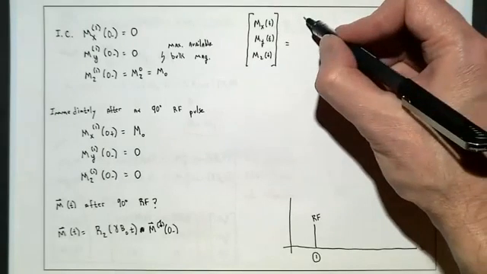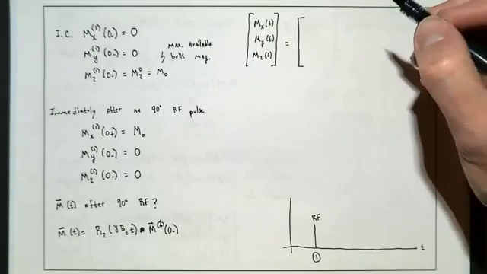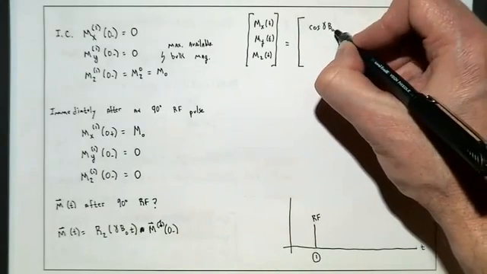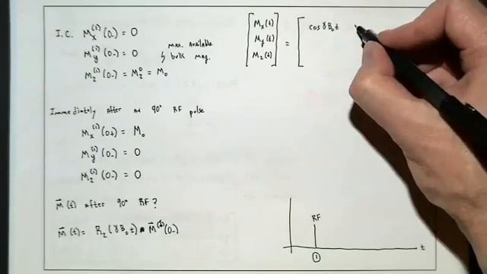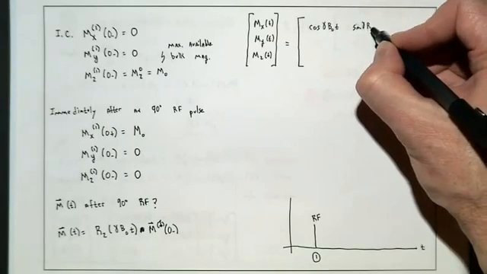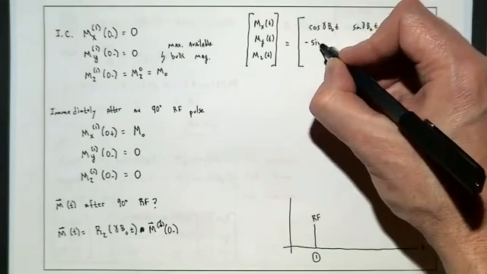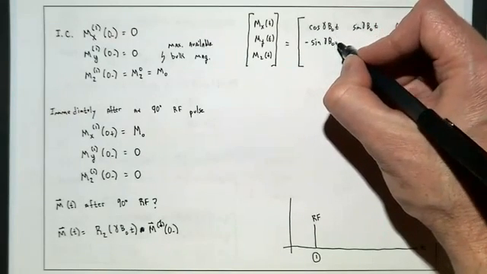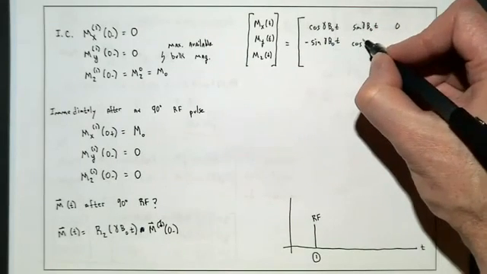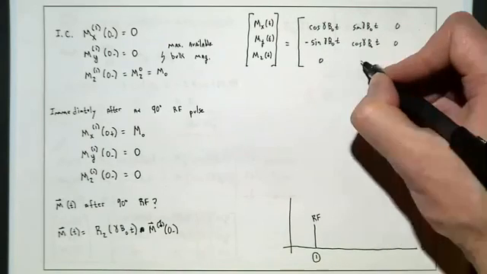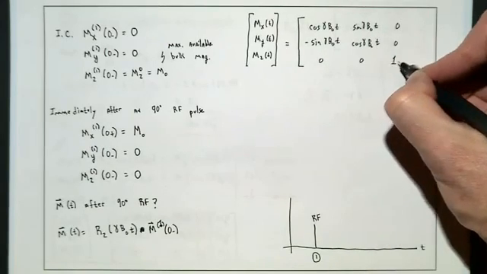I know what my precessional operator looks like. I had that before. So it's cosine gamma B0 t, sine gamma B0 t, 0, minus sine gamma B0 t, cosine gamma B0 t, 0. Rounding out the last row is just zeros and ones.